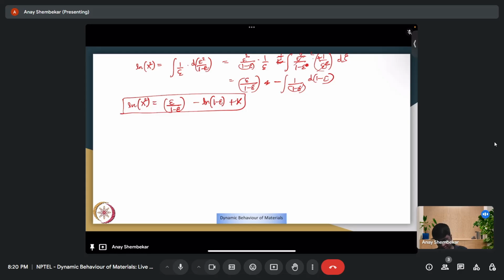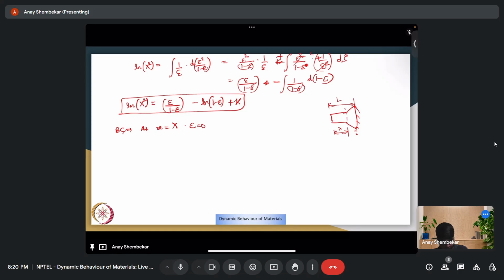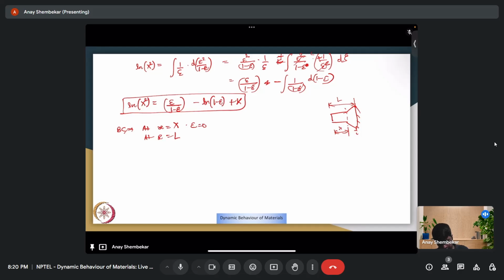And the boundary conditions, if I look into them, this is my x, and this is my L. So the boundary conditions are at x is equal to x, you have epsilon equal to 0, which is this front, and at x is equal to L, you have epsilon being epsilon 1, which is the maximum strain.